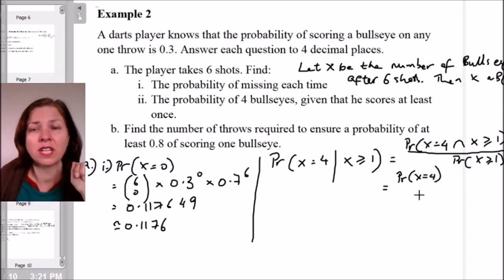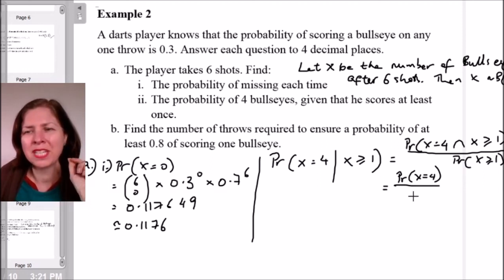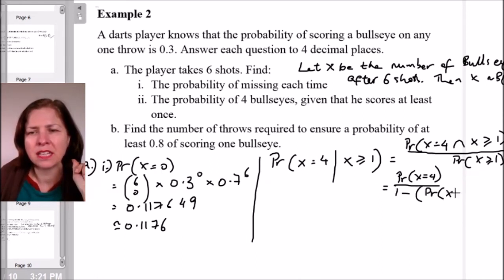So I'm going to have to calculate the probability that x is 4. And on the denominator, the probability that x is greater than or equal to 1, the easiest way to do that is going to be 1 minus the probability that x equals 0 plus the probability that x equals 1.